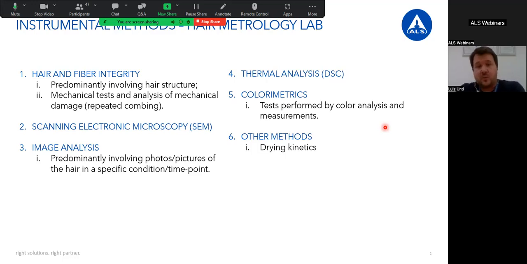Other methods that we also have are the thermal analysis for thermal protection and hydration. And also we do have plenty of methods related to colorimetric testing.